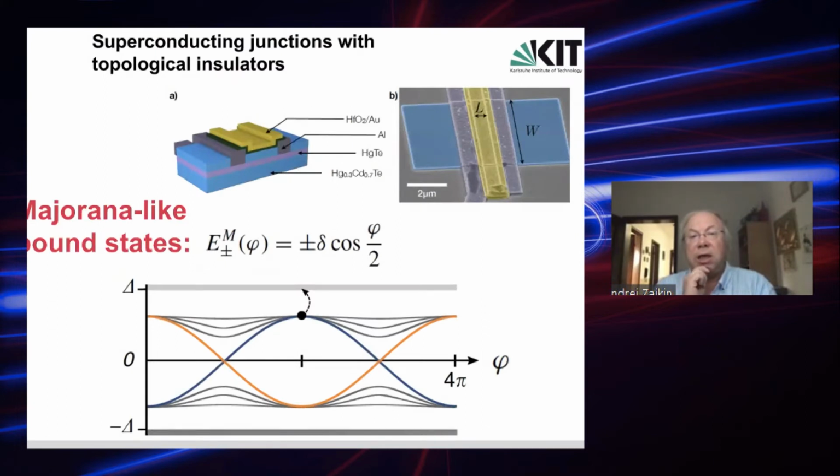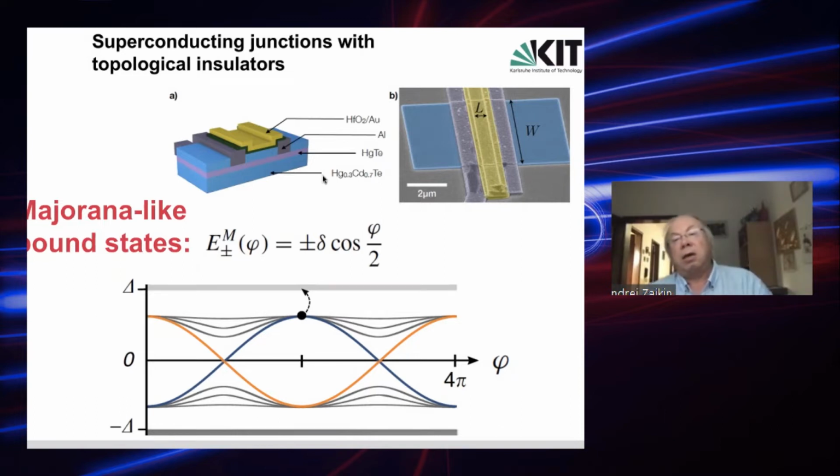Now, more recently, there has been a lot of activity related to superconducting junctions which include topological insulators. For instance, here you see the picture of such a system: superconductors, in this case aluminum, which are connected to each other via some layer of topological insulator, and here you see this two-dimensional layer.